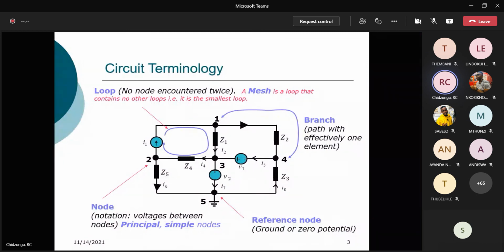So it is common practice that if you have got 10 nodes in your circuit, for example, you can choose any one of the 10 and make it a reference node. In other words, you put it at 0 volts. And then you measure the voltage of every other point with respect to that node. I hope that is clear, right?